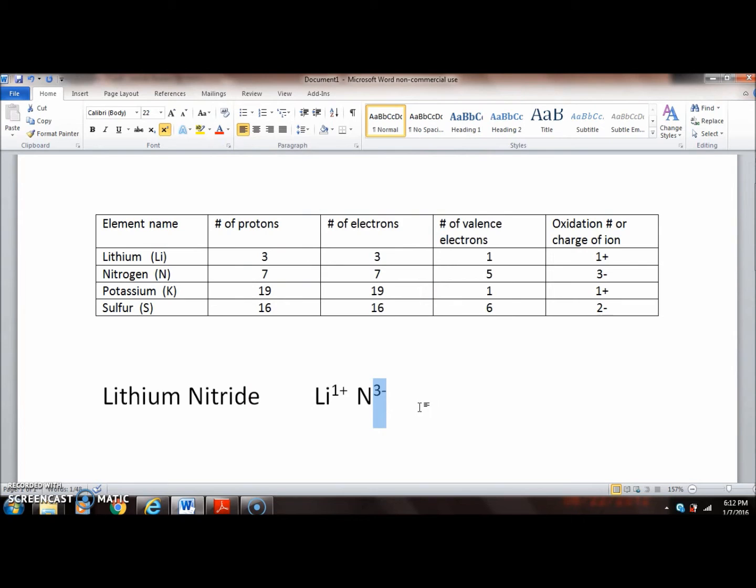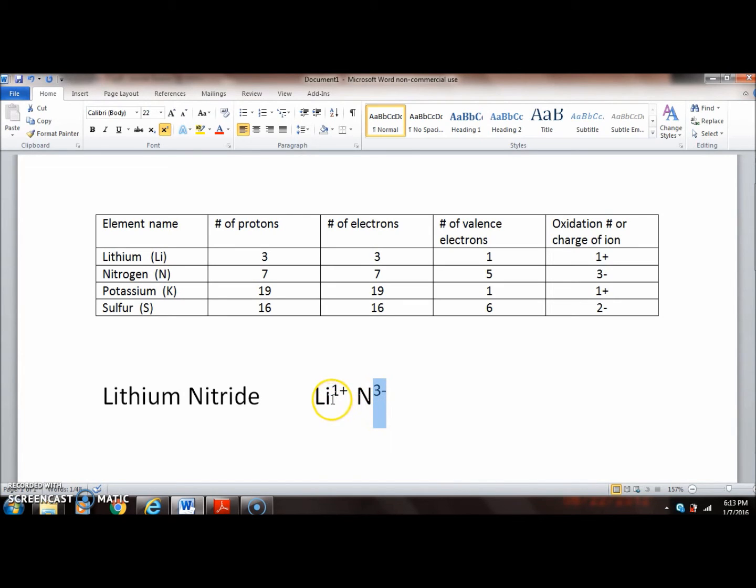Okay, now you learned in class that even though this molecule is made up of charged atoms, the overall charge of the molecule has to be neutral. So what you have to do is look at your exponents here, or your superscripts, right? If this is a 3 minus, we want to make this lithium cancel out nitrogen ions.